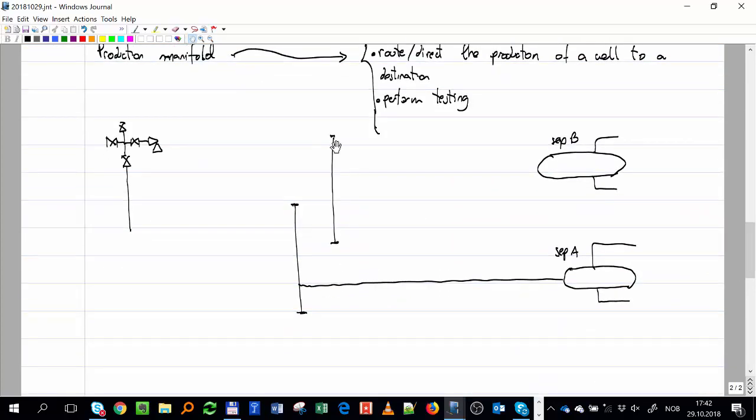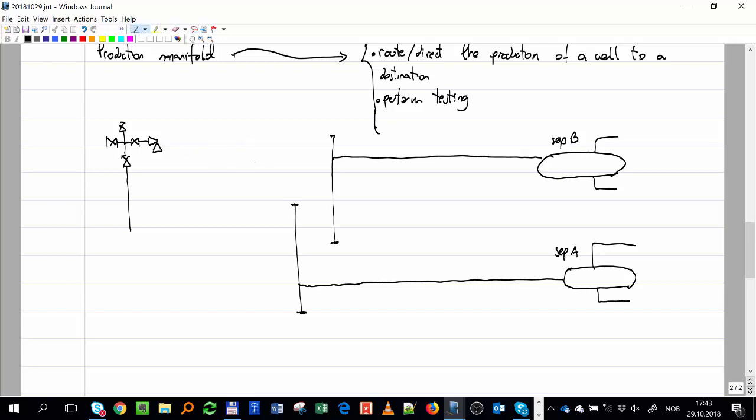So this manifold is connected to that separator. What do I have to put in place between that well and this system to be able to send this well at will to separator A or separator B? What do I need? First, I need two lines, right?